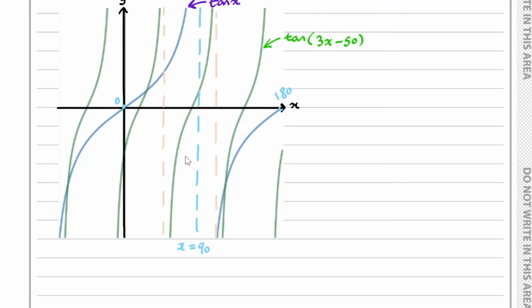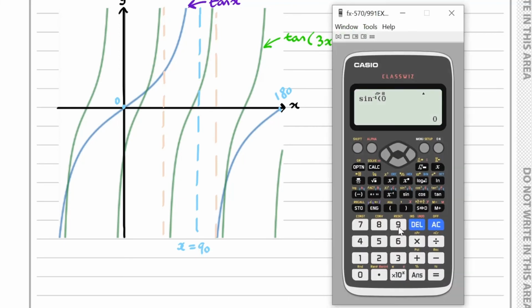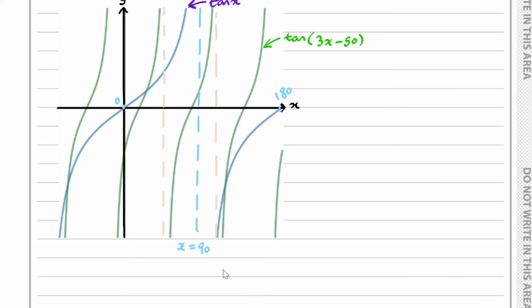Now to find out the equations of those asymptotes, we just have to apply the transformation to x equals 90. So here we have 90 plus 50, and then if I divide this by 3, I get 46.046, etc. So here I've got x equals 46 and 2/3.